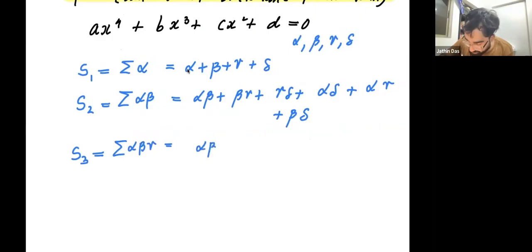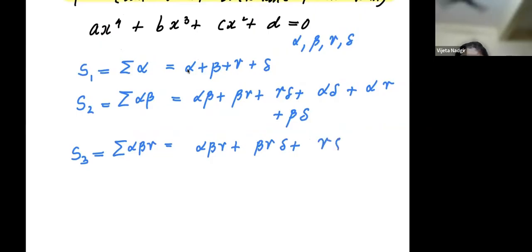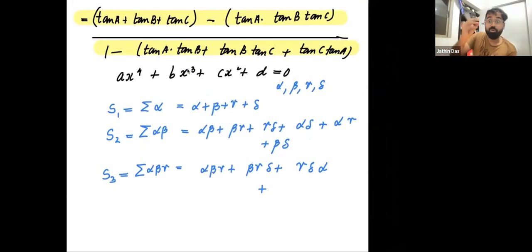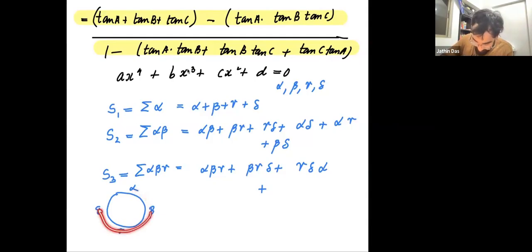So it will be alpha beta gamma plus beta gamma delta, alpha gamma delta, and it can be any other combination also. You will understand that when I take permutation, how many there are going to be. That I'll tell you at that time. But now you have to think how many possibilities there are. So think alpha, beta, gamma, delta. I have taken alpha, beta, gamma, then this much I have taken, then I have taken this. Like this, then I think I can take this.